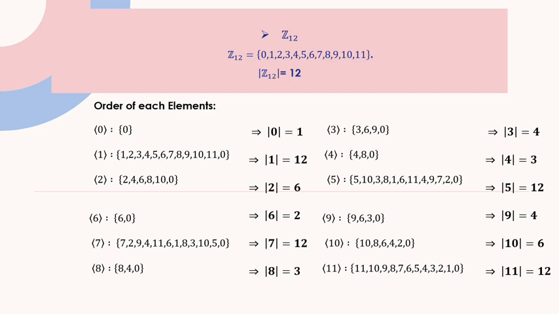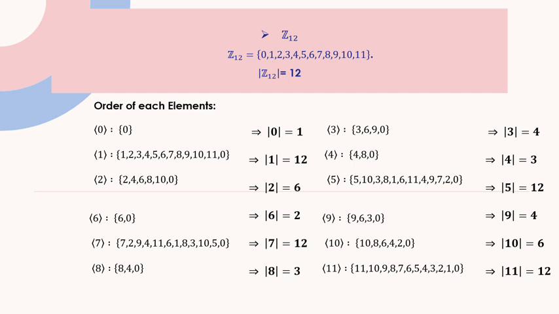For number 9, the elements under number 9 are 9, 6, 3, 0. Therefore, the order of number 9 is equal to 4. For number 10, the elements under number 10 are 10, 8, 6, 4, 2, 0. Therefore, the order of number 10 is equal to 6.